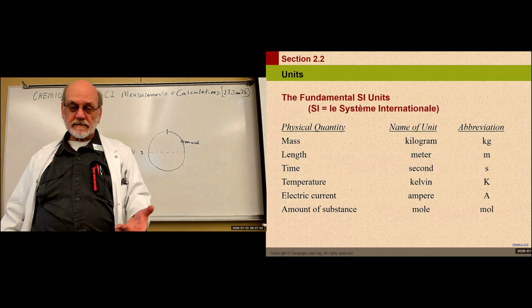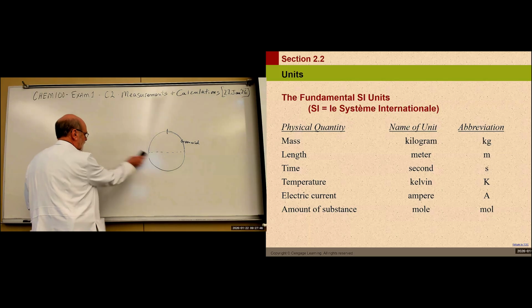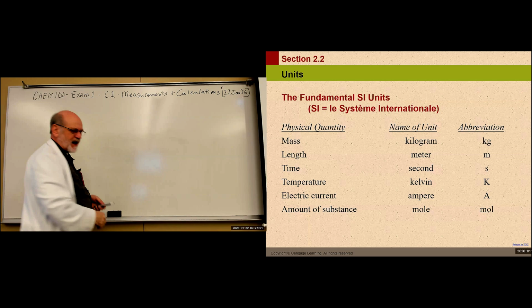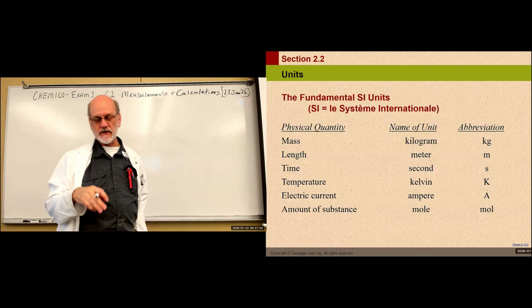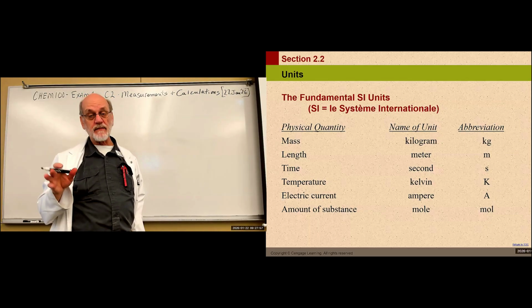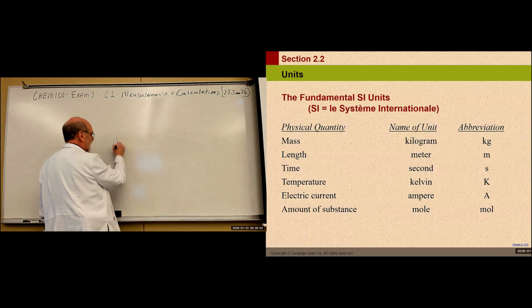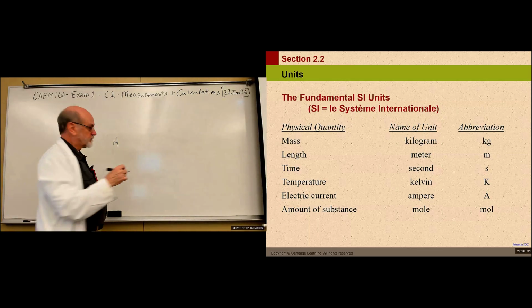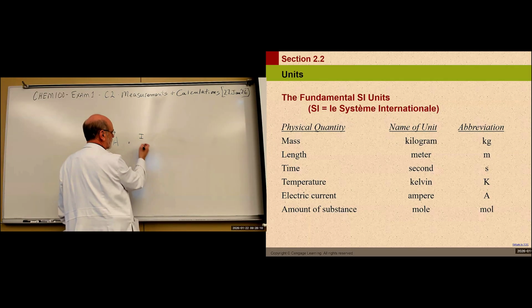The electric current standard is the ampere. We are not likely to encounter the ampere in this course. Right? There's just not enough time. We don't go into that much depth. But if you're interested, the ampere is derived from current, which we represent with I, divided by time.